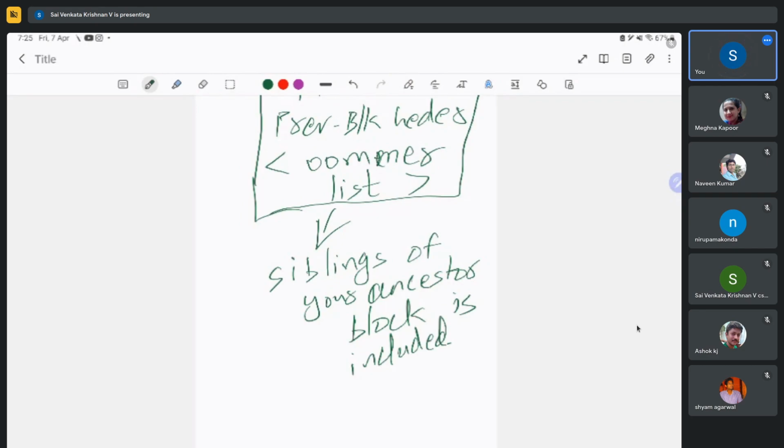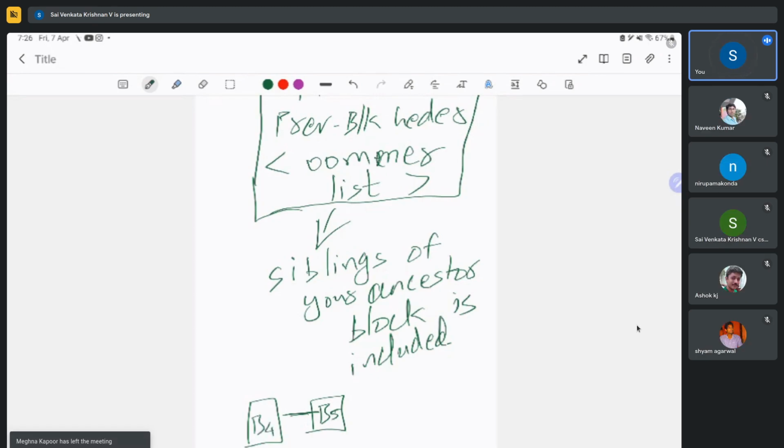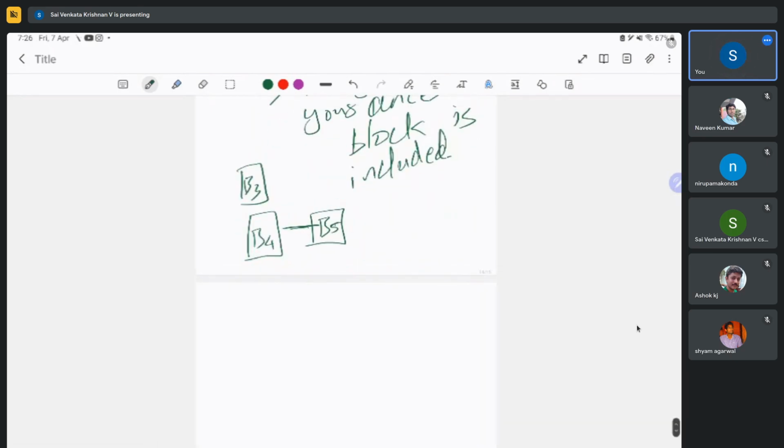So what happens is, say I'm proposing a new block, B5. The nonce would be calculated based on the previous block B4, and you would also be pointing to other blocks, say B3, and then say this is B2, and B2 has B6, something like this, right?